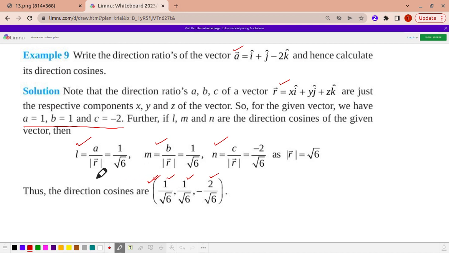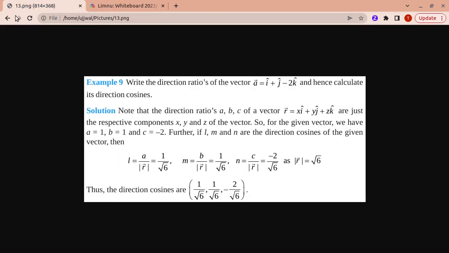So I repeat once more: if l, m, n are the direction cosines, then l square plus m square plus n square equals 1. I hope you got a very clear idea.